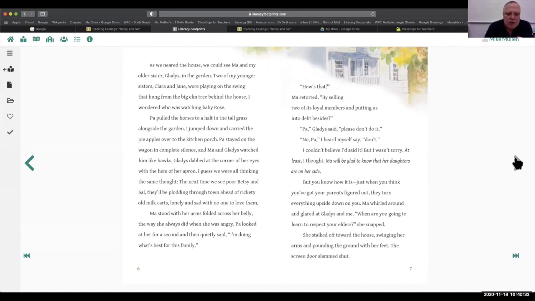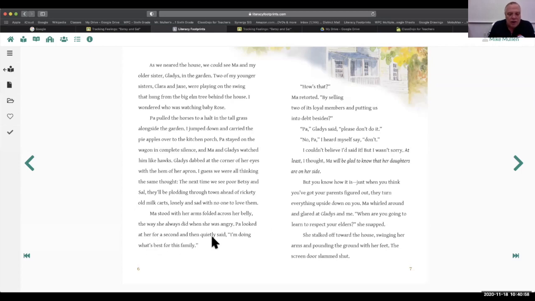Now let's go to page 6. This is another place where we have to infer. We have to look for what's implicit, what is behind the story, what is behind the words. Ma stood with her arms folded across her belly, the way she always did when she was angry. Okay, now this is inferred, but now they make it explicit.